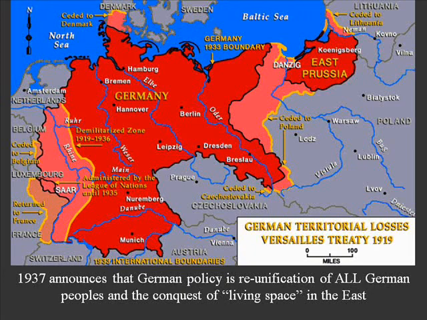He's looking to any area in Europe that speaks German or has German culture he wants back into Germany. And there's a whole lot of them, because Germany had lost a lot of territory after the First World War. So this is a big, big announcement. Hitler is feeling stronger and more confident, and one by one, piece by piece, he's going to start bringing a bunch of these little chunks back into Germany, and he's going to demand that the British and French accept it.